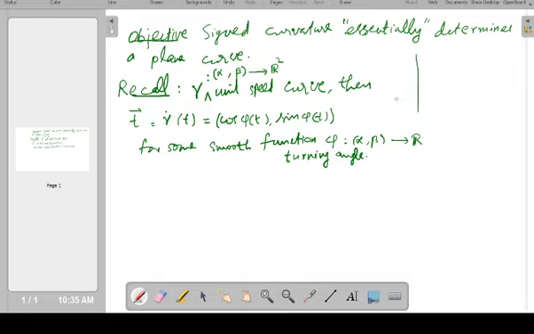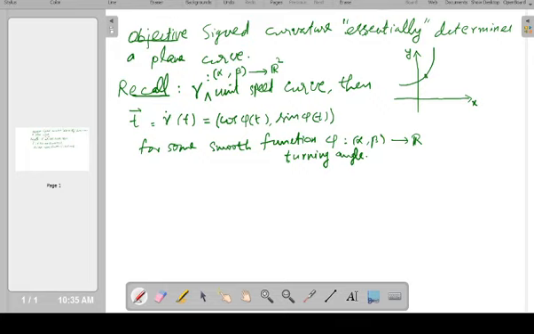So this is the plane, this is the x-axis, positive direction, this is the y-axis, and suppose that this is the path of the curve. Suppose that this is the point gamma of t and gamma dot t.